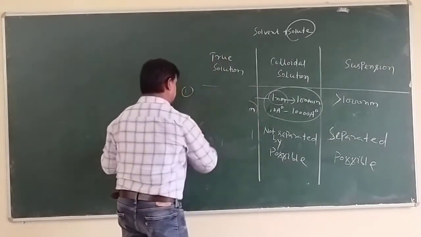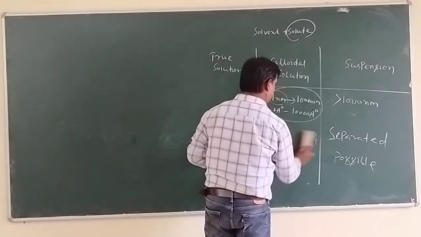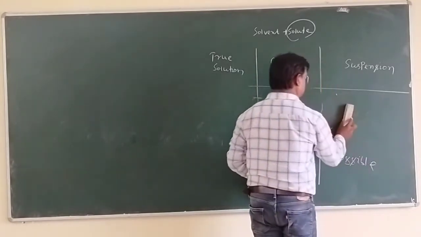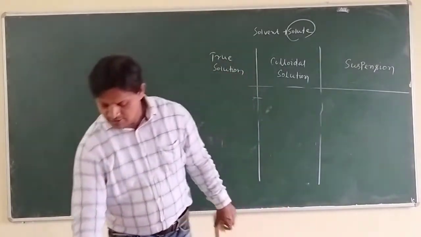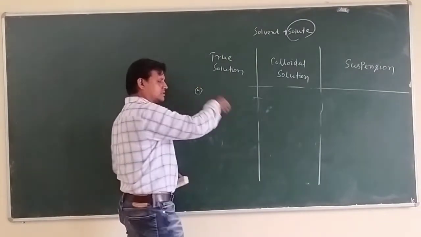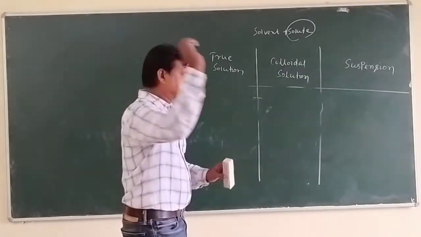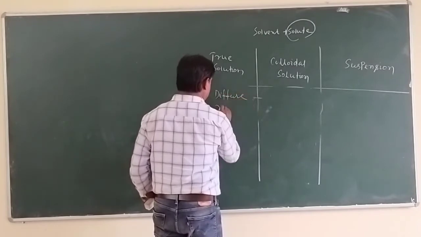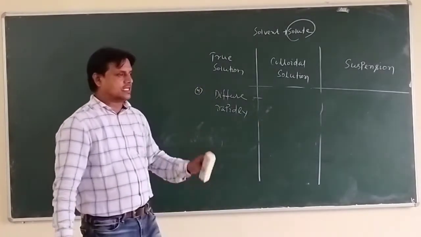Next, another 4-5 properties are there. Diffusion. Next property is diffusion. True solution diffuses rapidly.